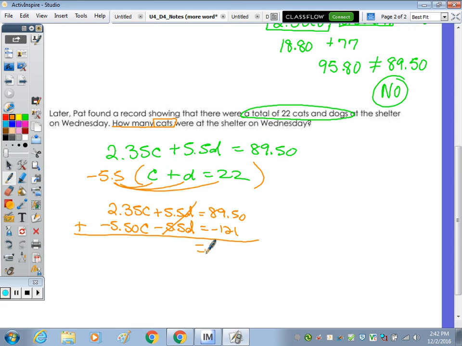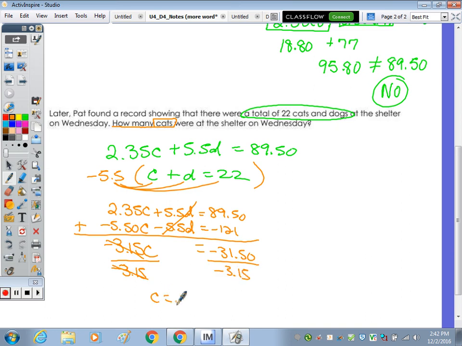$2.35. You need 15 more cents to give you $2.50, and then another $3. So this is negative $3.15 times C equals negative 31.50. Bless you. Divide by negative 3.15.